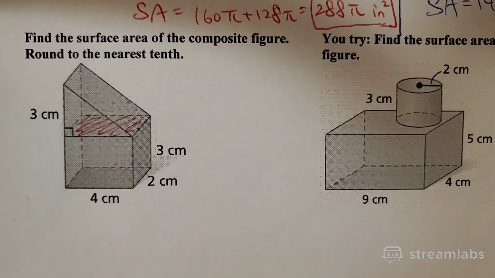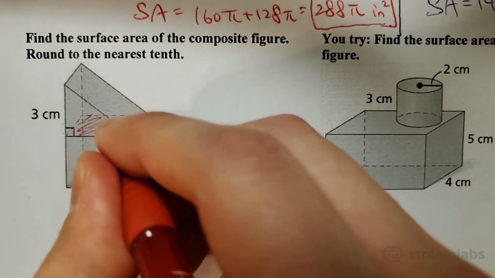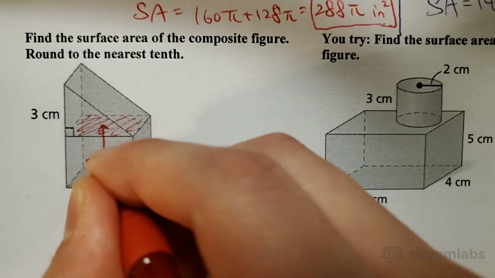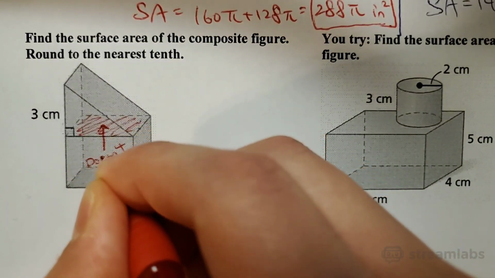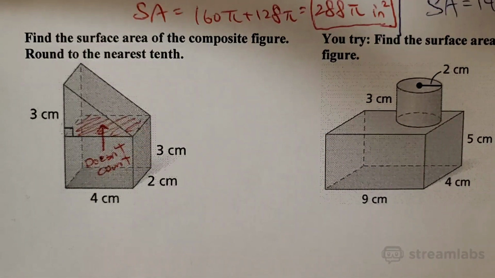What is the definition of surface area? It has to be on the surface. On the surface, it's called surface area. So the one that I highlight here doesn't count.